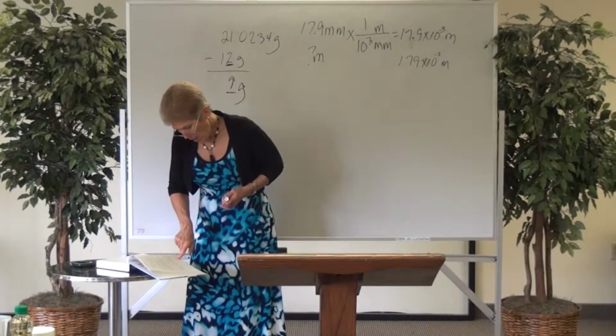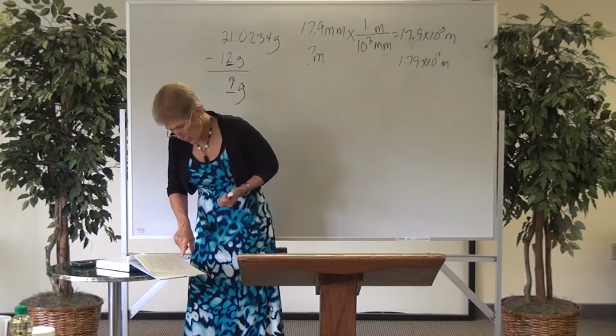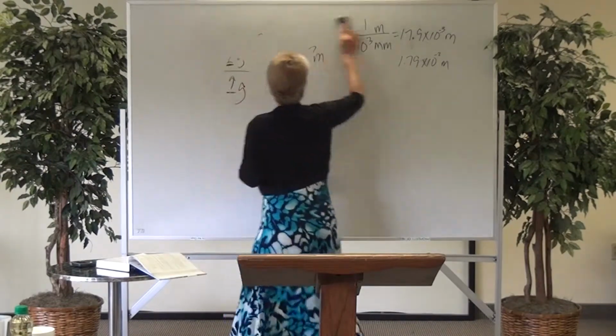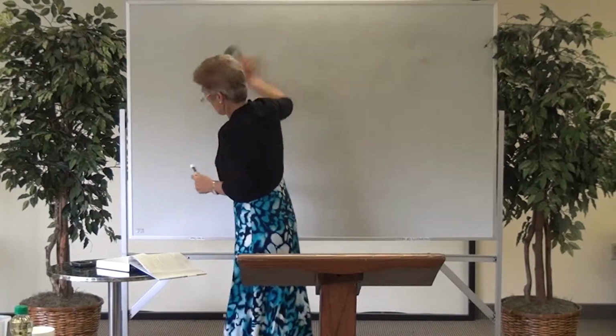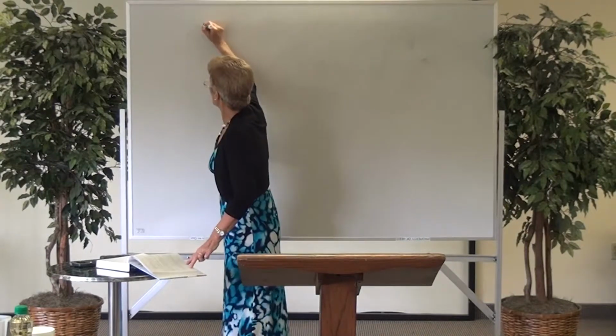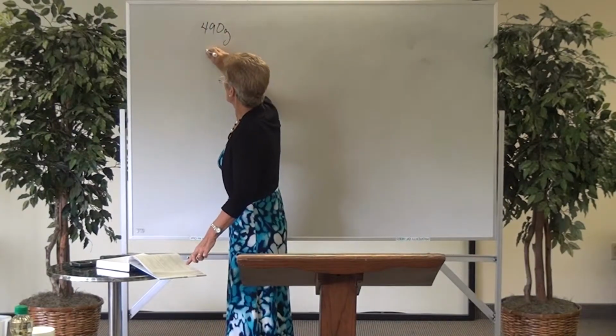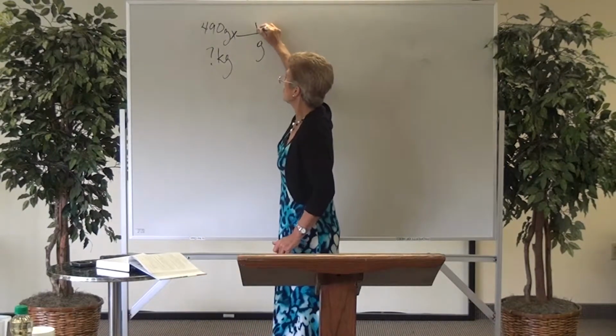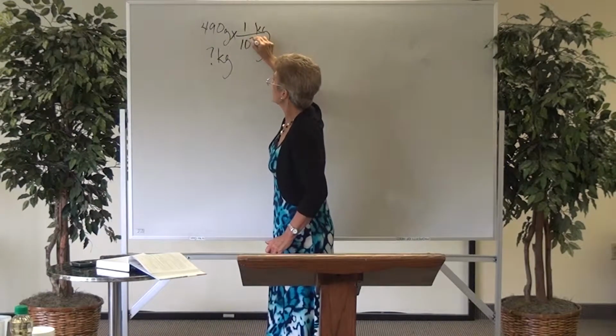So let's see. Soup can has a mass of 490 grams. What is its mass in kilograms? So we have 490 grams. We want to know its mass in kilograms times line. This unit always goes here. We can go directly on these, can't we?